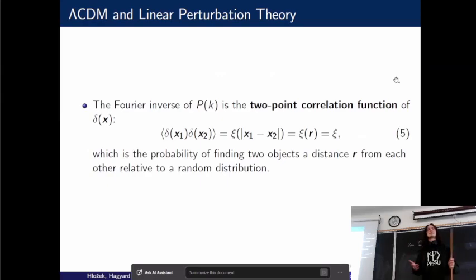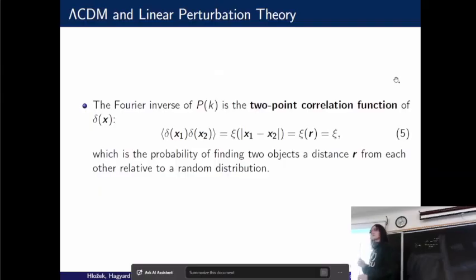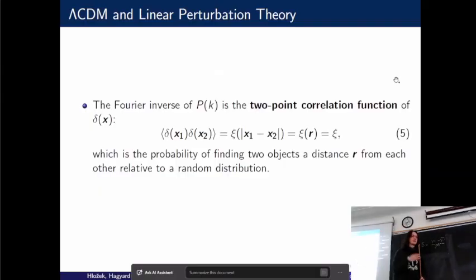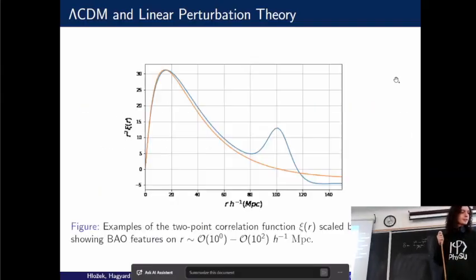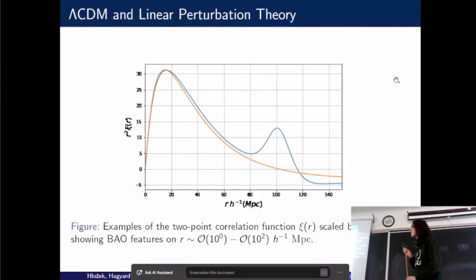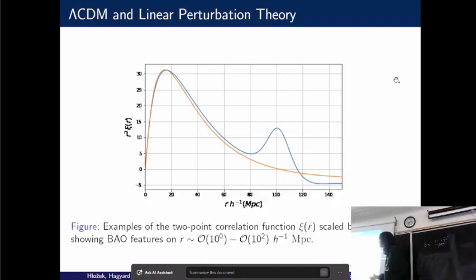It's a little easier to interrogate the correlation function physically because it represents the probability of finding two objects at distance r from each other relative to a Gaussian distribution. And it's very useful in cosmology because, as an example, it allows us to visualize the baryon acoustic oscillations I was mentioning earlier.